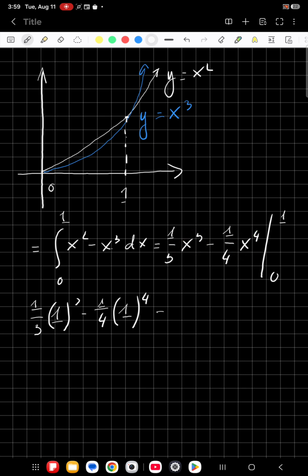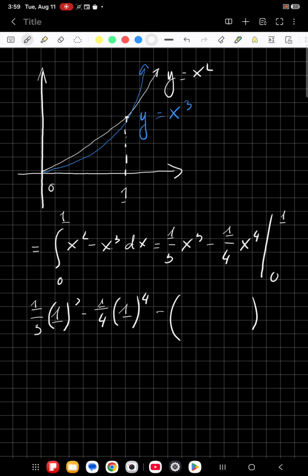So minus 0. If that was a number other than 0, say 3 or 0.5, it would make more sense, and I would need to put it in parentheses.